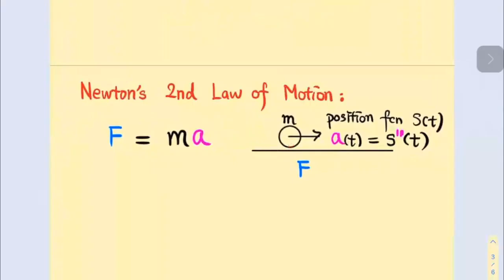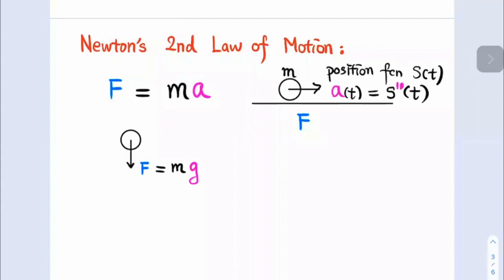Newton's second law of motion says that when an object moves along a straight line with position function s(t), the force that's acting on the object in the same direction is given by the mass m times the acceleration a.